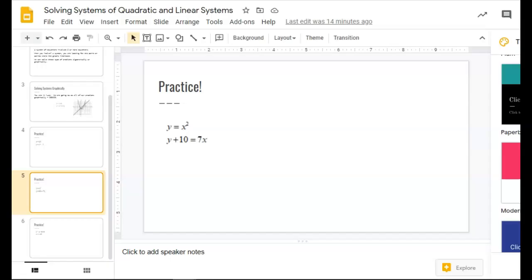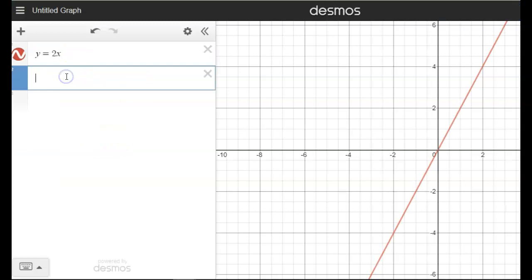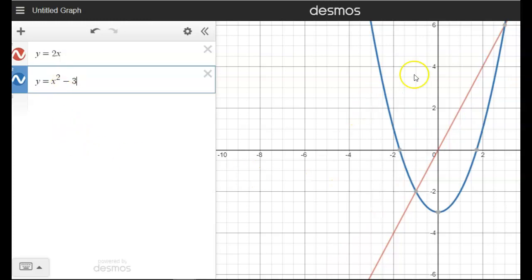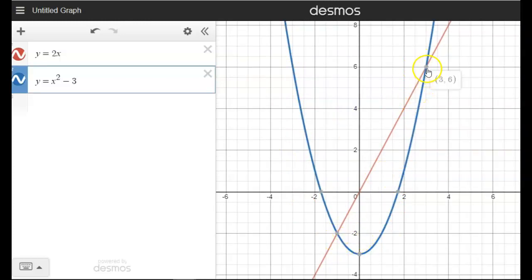And then we're going to type y equals x squared minus 3. And it looks like I have enough room in my screen here. Again, I click on either one of the graphs. It's going to highlight the 2 points of intersection.